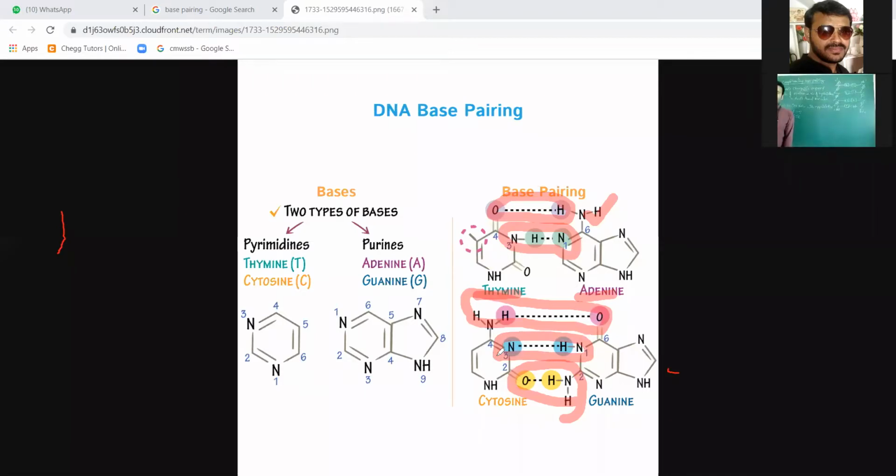So these hydrogen bonds are formed between the groups present in adenine with thymine, guanine with cytosine. Okay, that's all. This is how hydrogen bonds are formed.